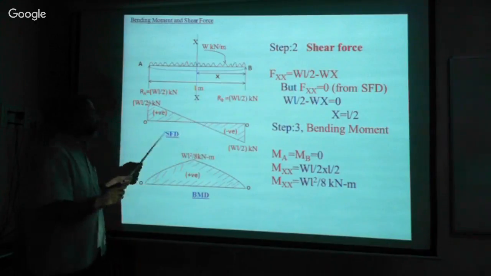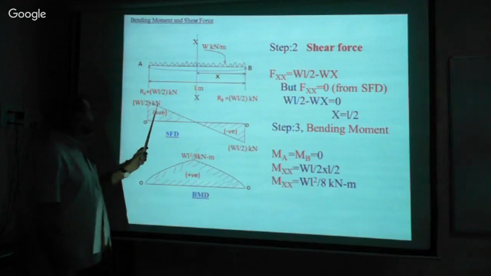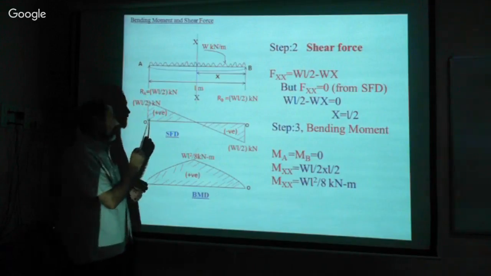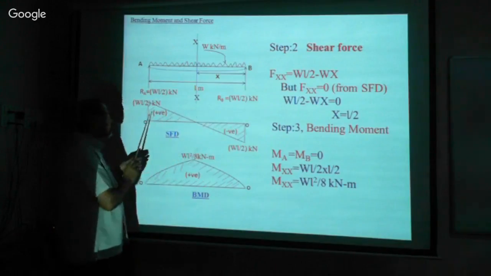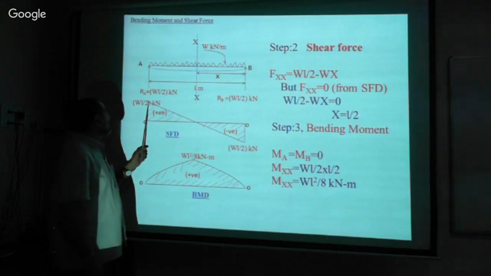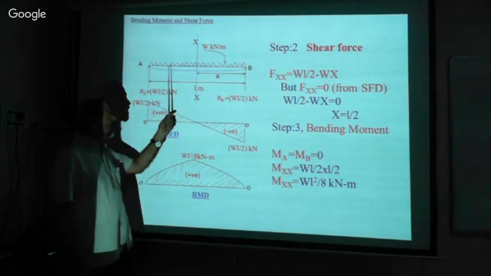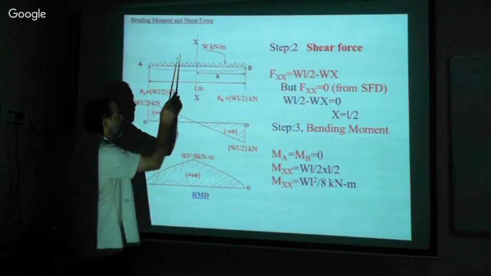Now, at point A, WL by 2 load is acting upward. Consider the zero reference. With respect to this reference, WL by 2 is acting upward. From here to here, the WL is acting downward.